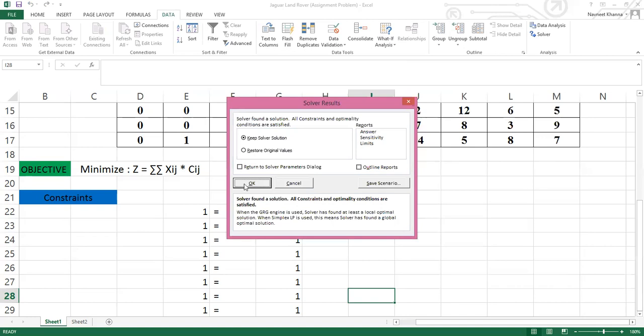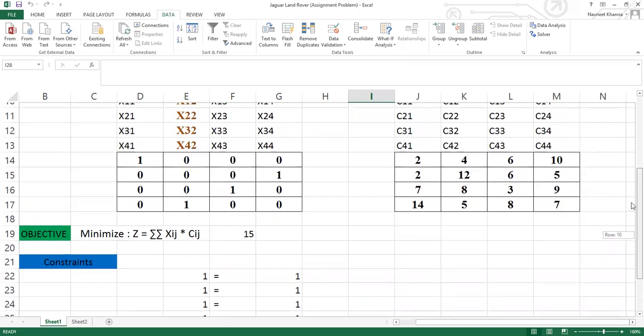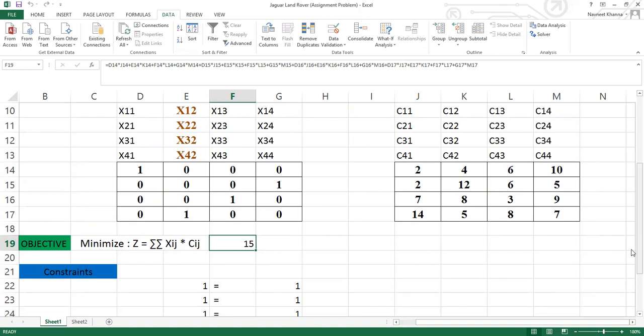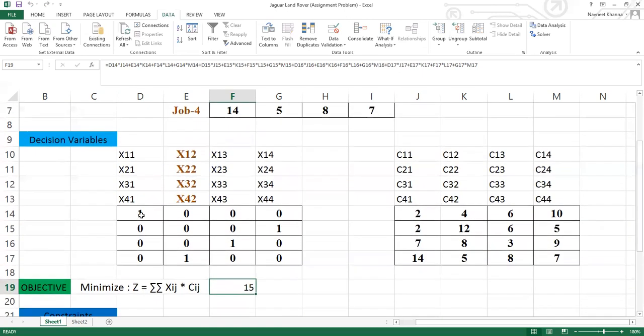Okay. Now you can see that the objective function value comes out to be 15 lakh rupees. And yesterday we got this much amount of allocation, right? So how is it going to be allocated? Let me see the sheet on which I worked yesterday.